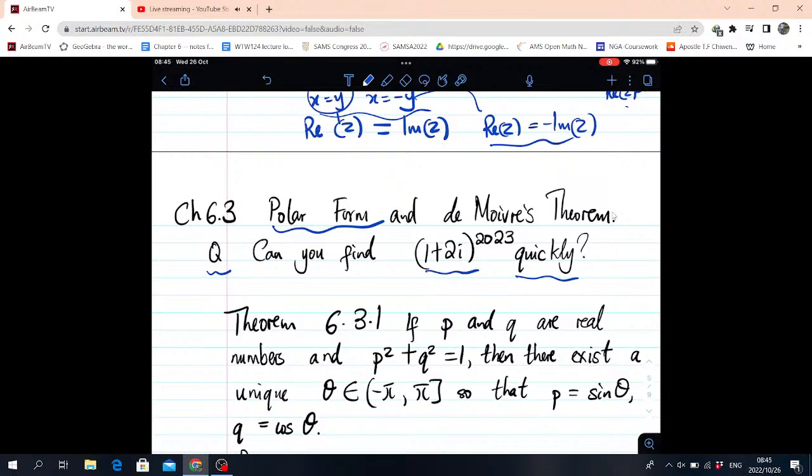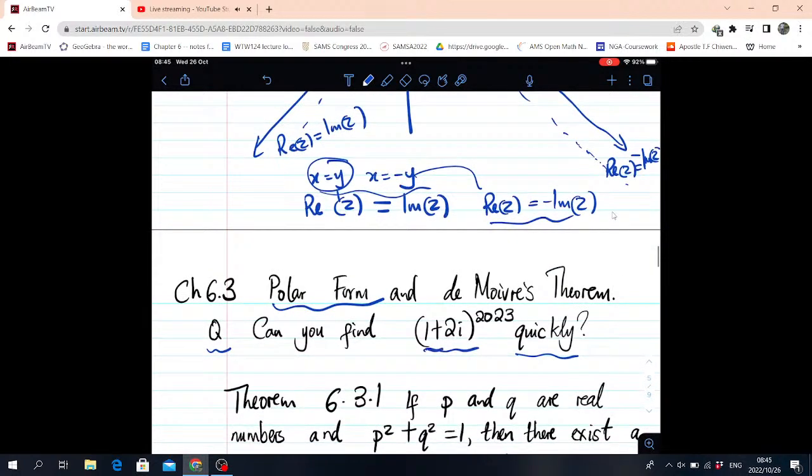So we want to develop efficient algorithms to be able to do this quite quickly. That's part of the motivation for moving to polar form. We've got the standard form, which is what we have here.